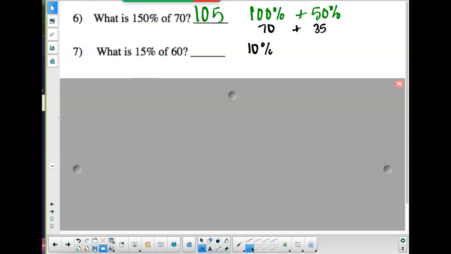Okay, 15% of 60. I'm going to split it up to 10% plus 5%. Would everybody agree that's still 15%? What's 10% of 60? Really? 6. If 10% is 6, what do you think 5% is?